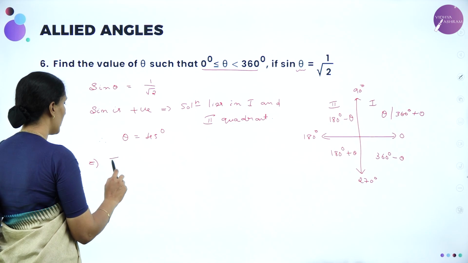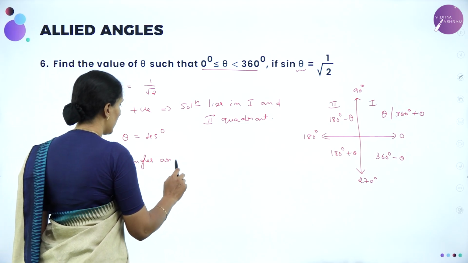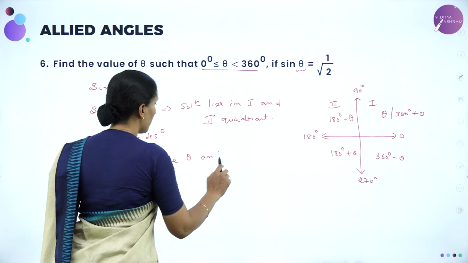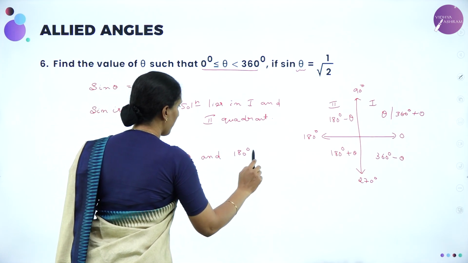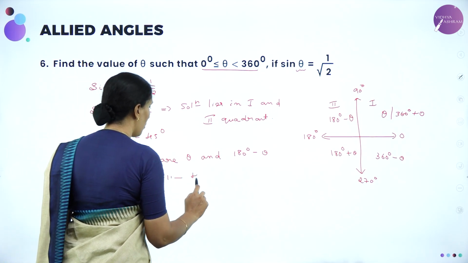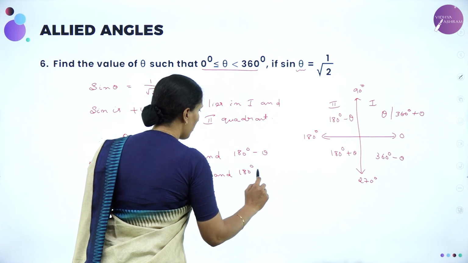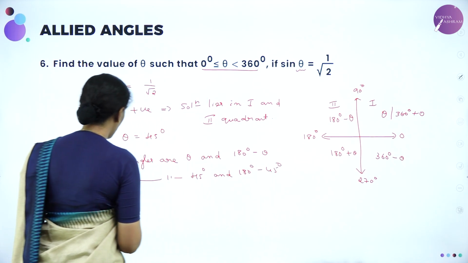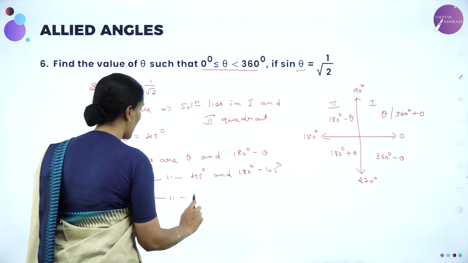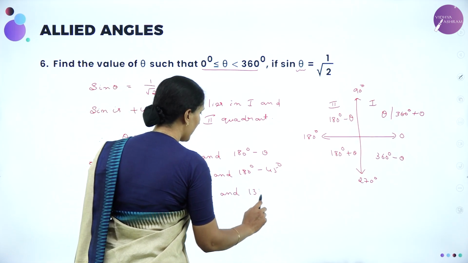So the angles are theta and 180 minus theta, which implies the angles are 45 degree and 180 minus 45 degree, that is 45 degree and 135 degree.